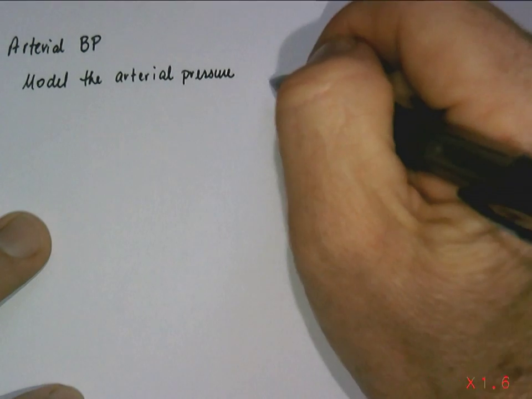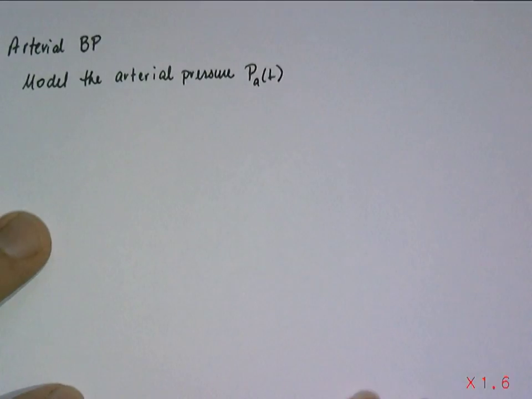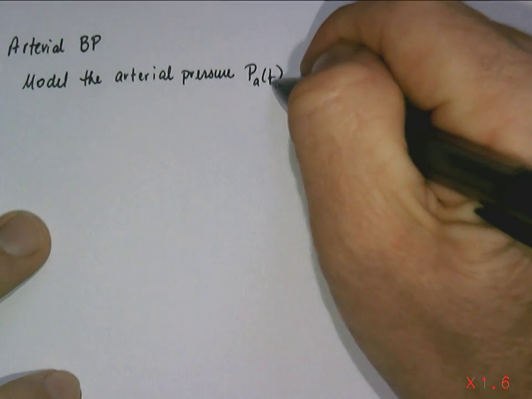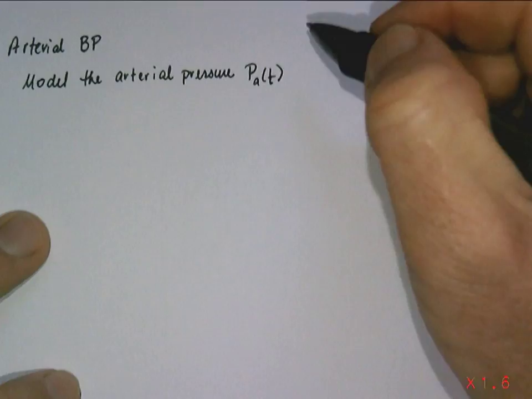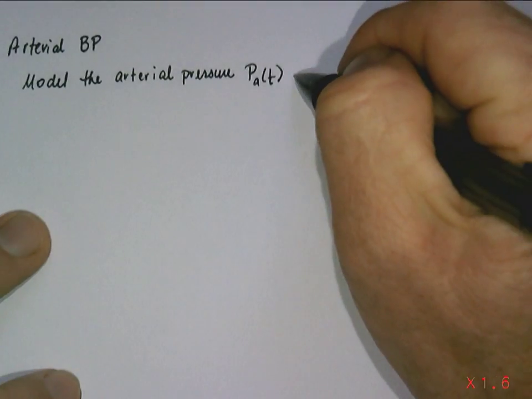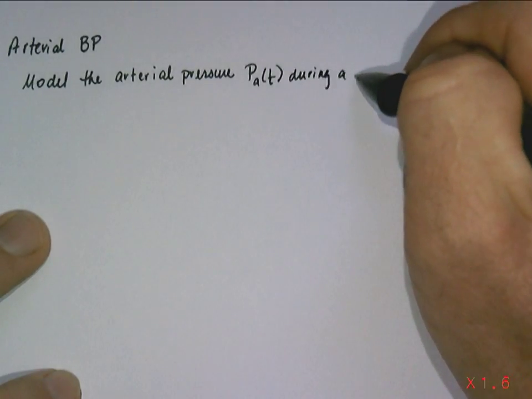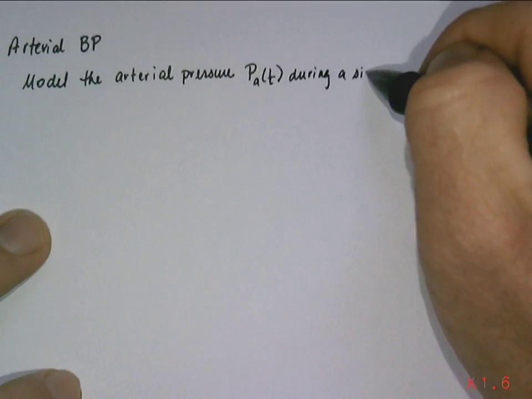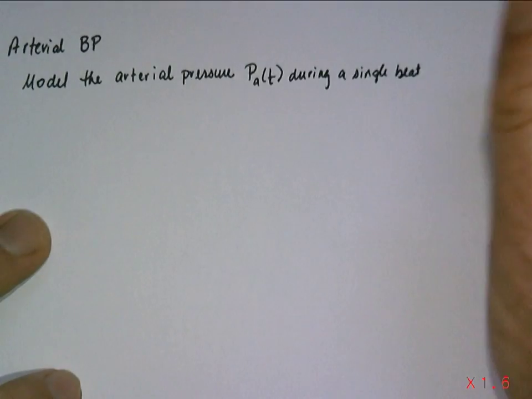We'll define that as P sub A of t, seems like a reasonable representation, A for arterial, P for pressure, and with the fact that it changes through time, it's a function of time. And we're only interested in modeling this arterial pressure during a single beat of the heart.